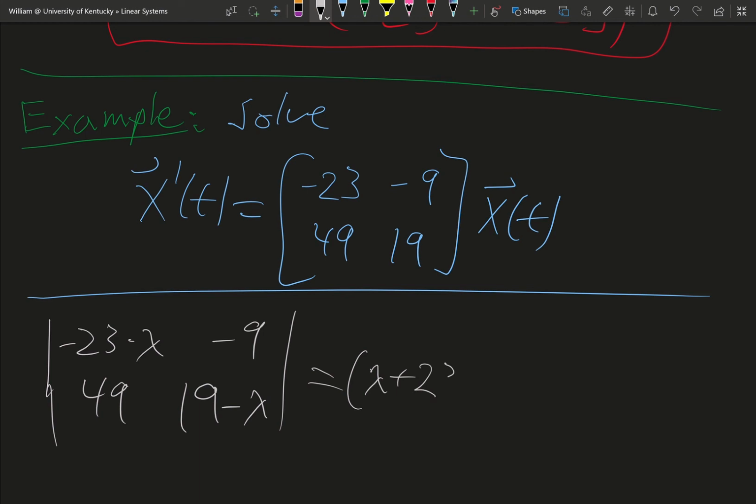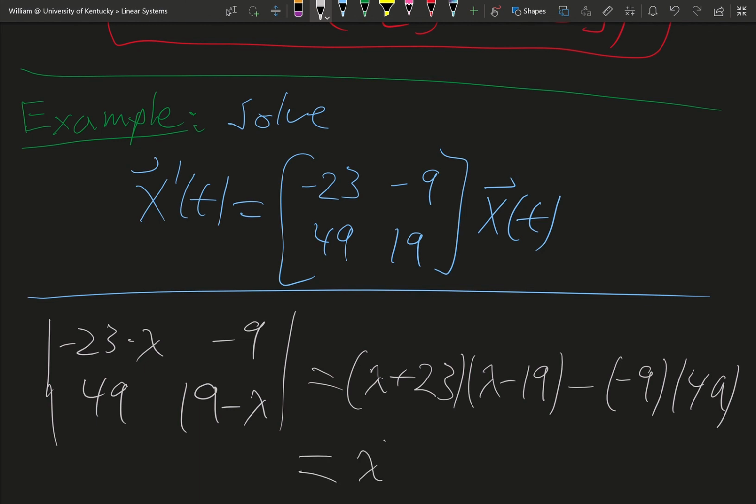All right, so we find our characteristic equation. 23 plus negative 19 is going to be positive 4. And then 23 times 19, you'll probably have to use a calculator for, but you should get a negative 437.